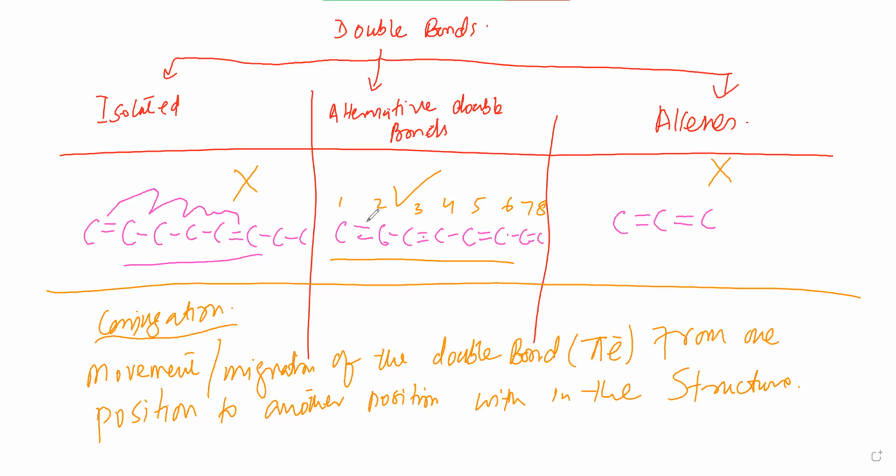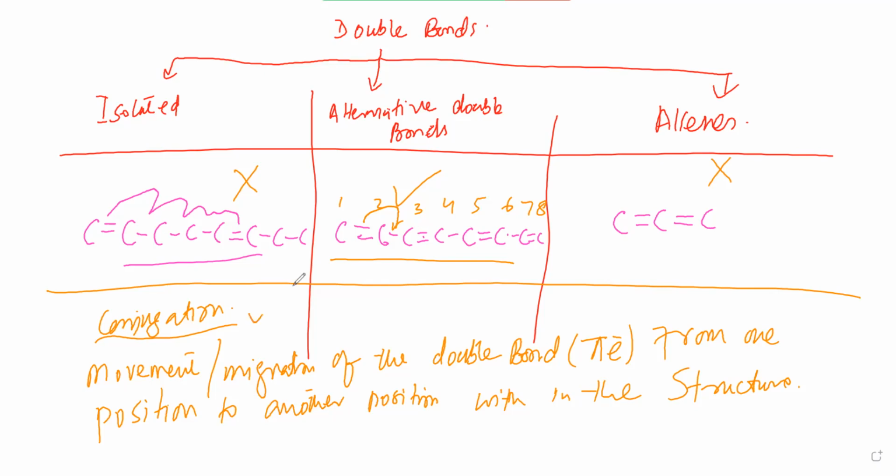So we can say that this bond can move from the 1, 2 position to the 2, 3 position. You can see the double bond or the pi electrons or the pi bond is changing its position within the molecule. This changing of position of the pi electrons, or the movement of pi electrons from one point to another location within the same molecule, this migration is known as conjugation. Is it clear now?